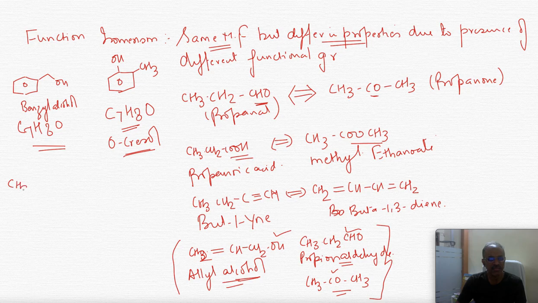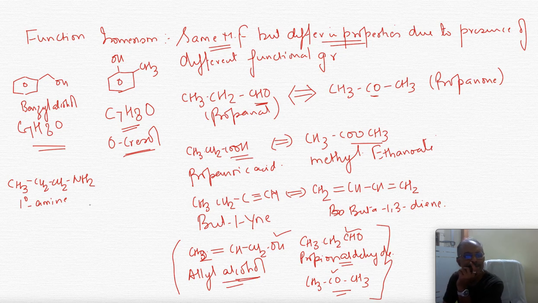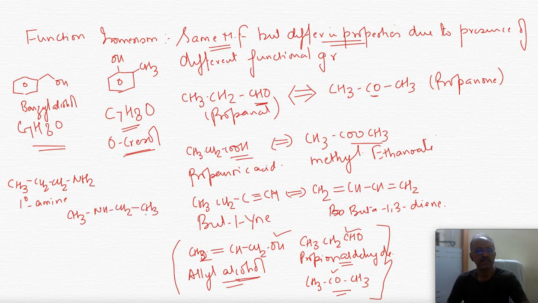Now, so many examples I have done. Last example I'll take: CH3CH2CH2NH2. This is nothing else but a primary amine. Now, suppose CH3-NH-CH2CH3, which is C4H9N, right?